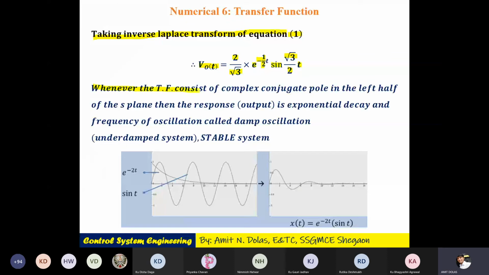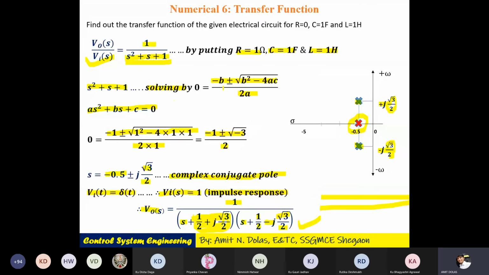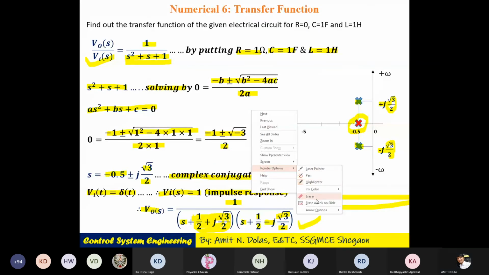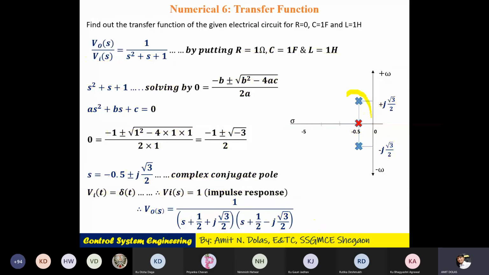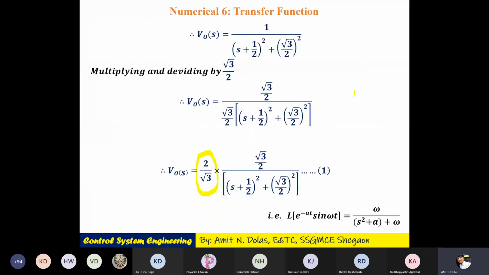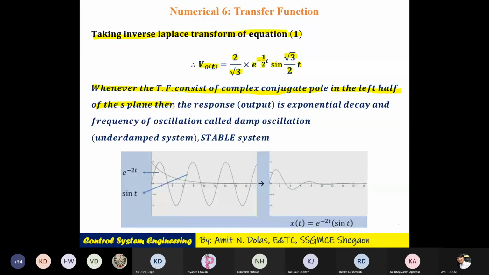So whenever the transfer function consists of a complex conjugate pole in the left half of the s plane, as you can see in the plot of the s plane, it is a complex conjugate and lies in the left part of the s plane, then the response, that is the output, is an exponential decay, e raised to power minus at, or e raised to power minus 1 by 2 t.